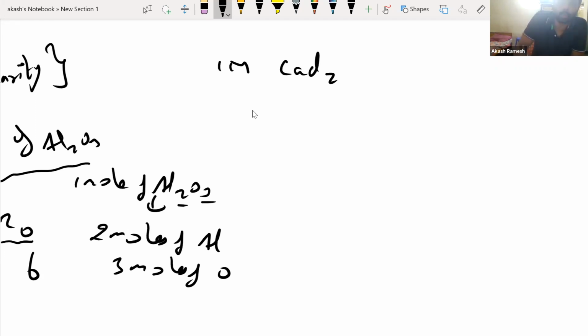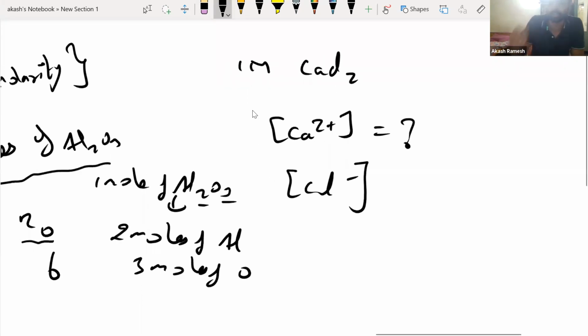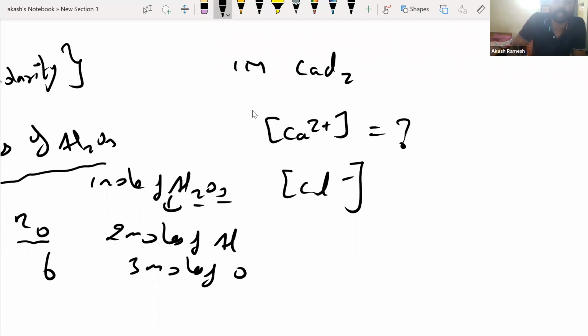Now, if I ask you what is the concentration of Ca2 plus and what is the concentration of Cl minus, the answer is going to be very similar to the previous case. Molarity is basically number of moles by volume. Whatever is the concentration of the whole species, you can subdivide into the concentration of the smaller species, that is the ions.